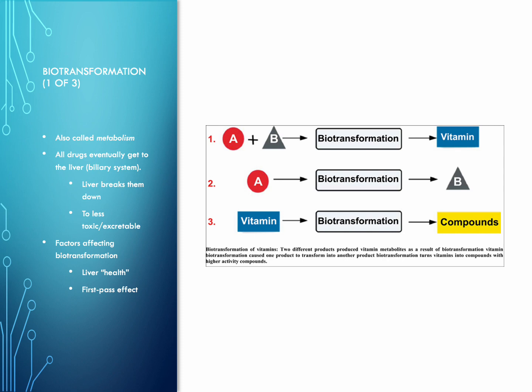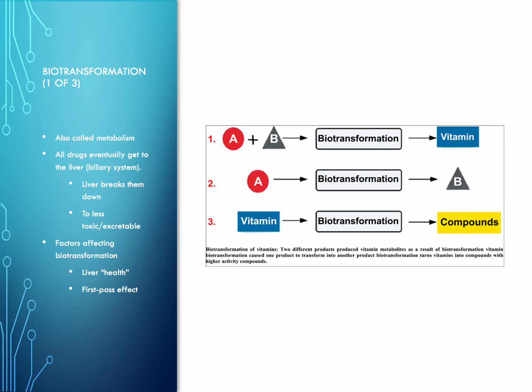Now, the first pass effect refers to when we take drugs orally. Now, remember, these drugs, they're gonna be subject to the hepatic portal system, right? This is like a safety mechanism so that whatever we ingested doesn't just go right into our bloodstream, but gets filtered through our liver first.